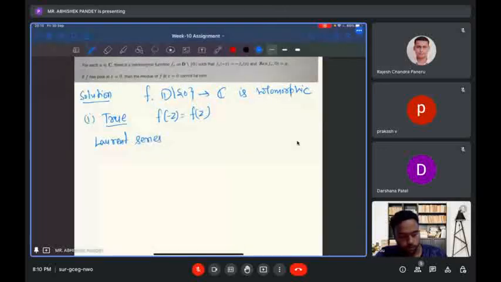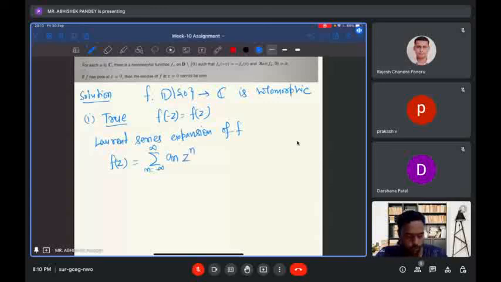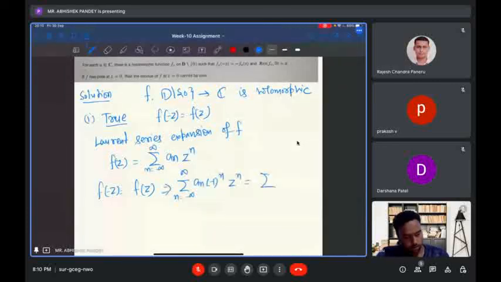The Laurent series expansion of f is f(z) equals summation n equals minus infinity to infinity a_n z to the power n. Now f of minus z is nothing but f of z. So f of minus z is the summation over n of a_n times minus 1 to the power n z to the power n, which is nothing but a_n z to the power n.